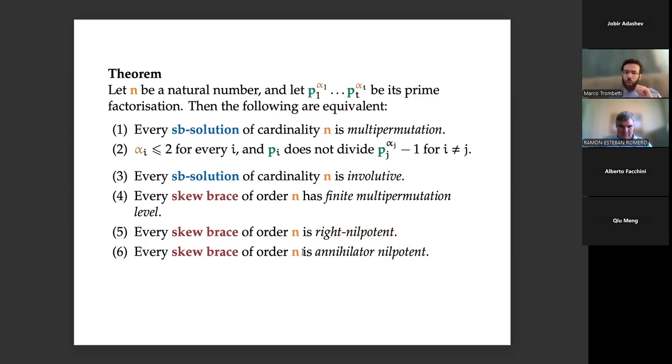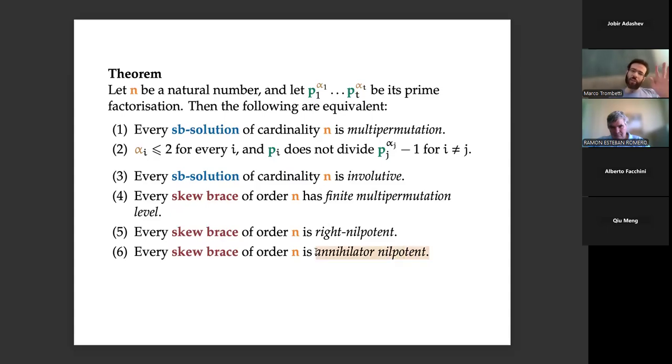But you can also have something actually stronger here, because it turns out that all skew braces of order n are also annihilator nilpotent. This is one of the strongest nilpotency concepts you can get for skew braces, and it implies the finite multi-permutational level. It can be defined by using another kind of ideal instead of the iterated ideals, the so-called annihilator or center of the skew brace.